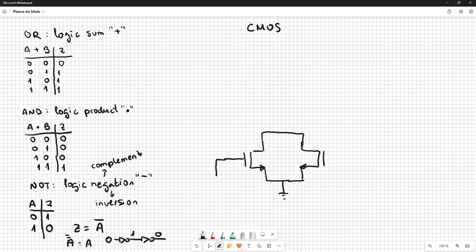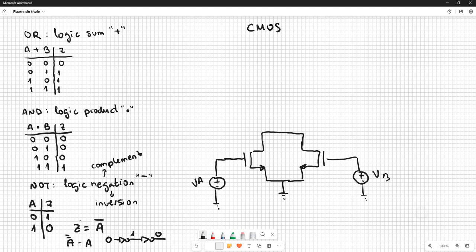We have here the input A, and we have here the input B. So note that it's exactly the same base part of the previous case, of the NMOS family.